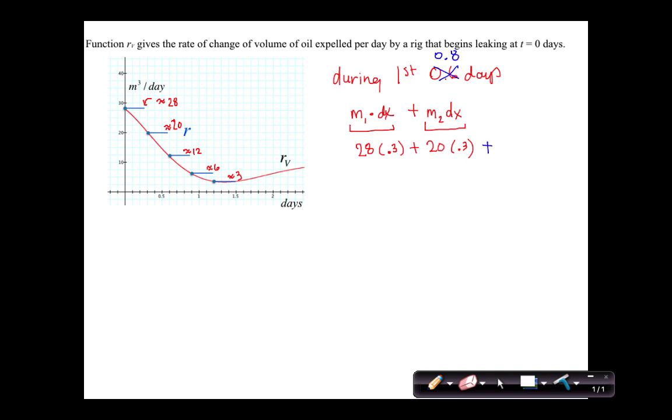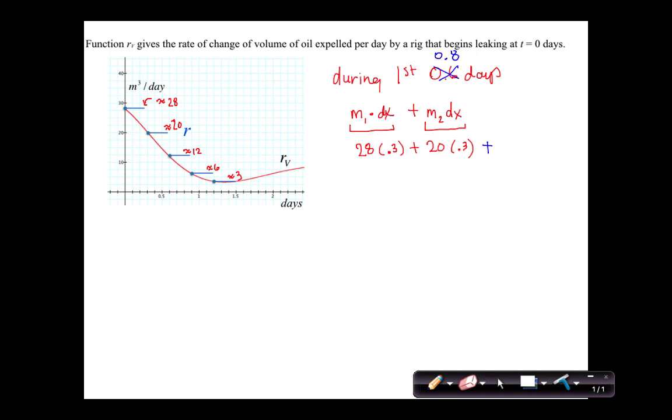What would I need to add on to the end here using the estimates that we had here, if I want to know what happens, not in the first 0.6 days, but the first 0.8? So this is part of it, but there's a little extra. Yeah, so let's see, for the next, I need 0.2 extra days' worth of oil spillage.